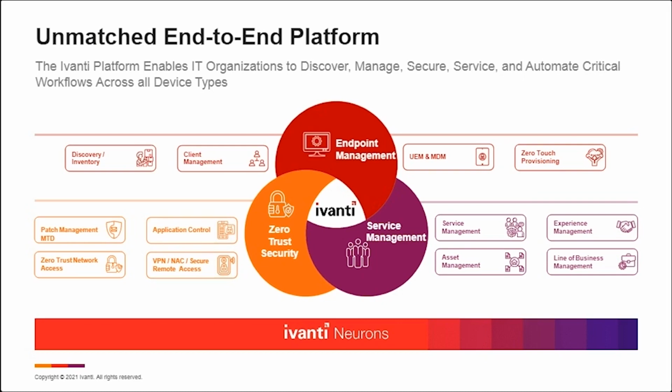And from a broader Ivanti perspective, we're focused on helping organizations better manage their devices through unified endpoint management, better secure them using our Zero Trust portfolio, and better service the assets, both user, employees, and device management capabilities through our service management tools. And the ultimate goal is to bring all of these three functions together using an automation layer called Ivanti Neurons that helps drive intelligence across these specific pillars.